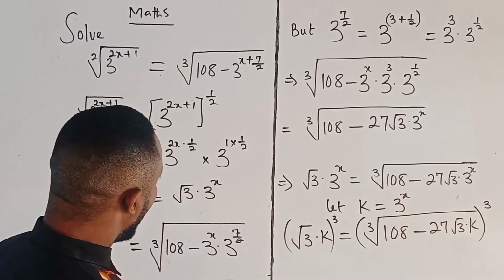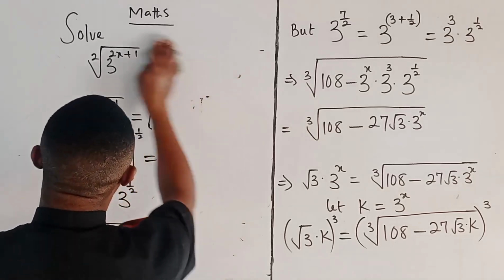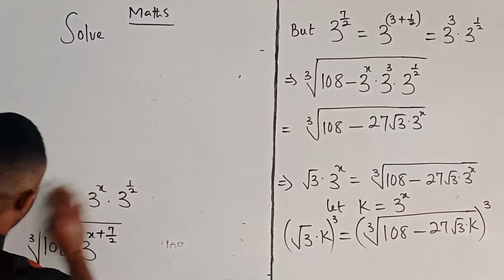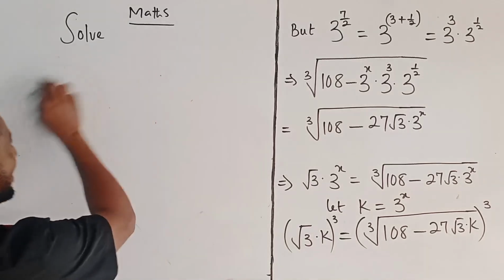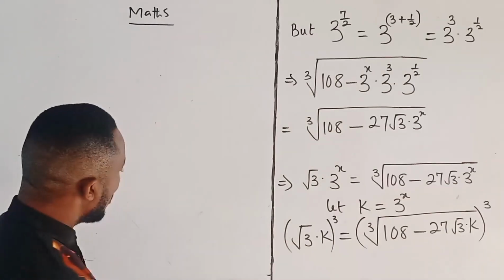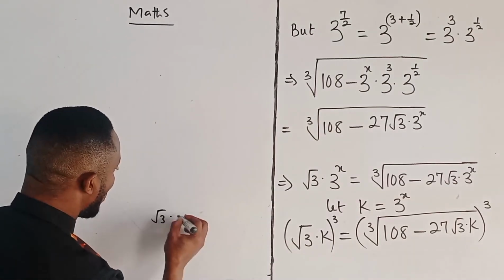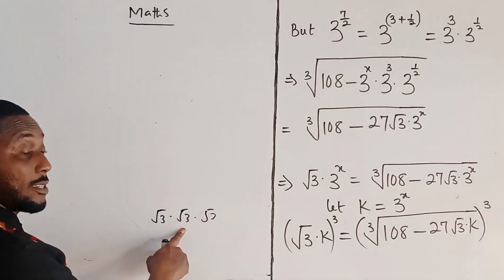So on the left side, we are going to be having rad 3 cube. That's rad 3 multiply rad 3 multiply rad 3. Rad 3 multiply rad 3, that's 3.